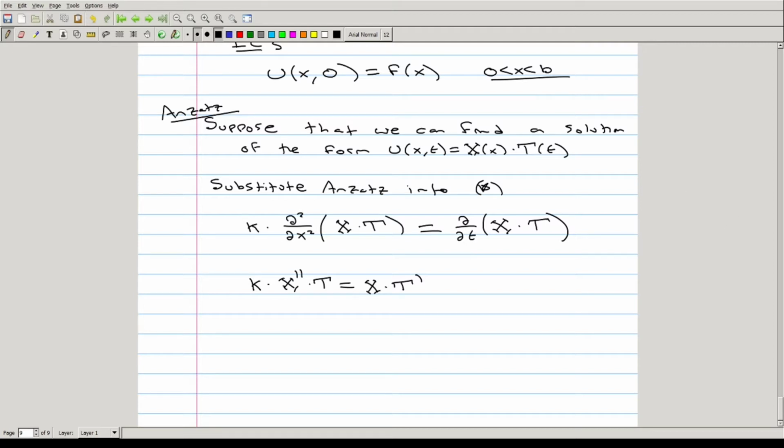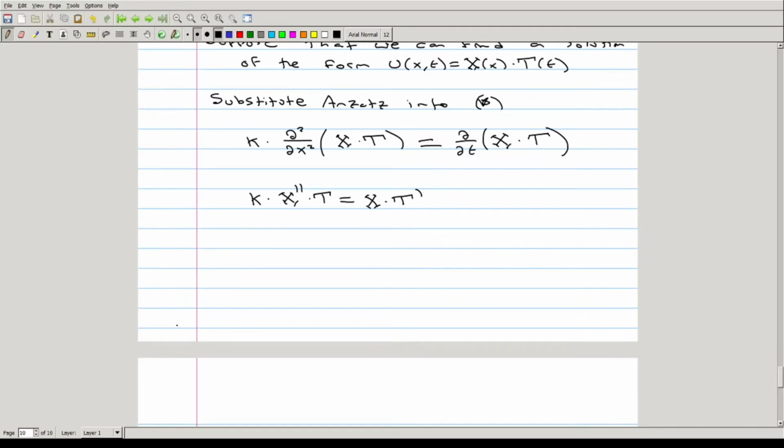And you might ask, well, what is this really doing for us? Because this seems to be complexifying things, but we have some real magic that happens here if we rewrite this equation. If this equation is to hold, then X double prime divided by X will have to be equal to capital T prime over T times k.